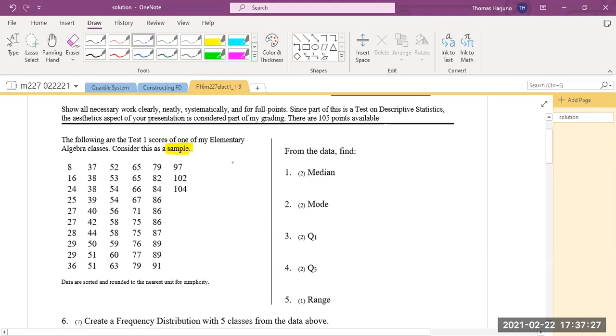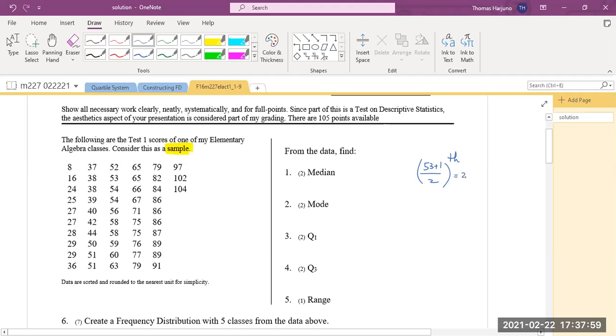To find the median, we need to first find the position of the median. How many data are here? 1, 2, 3, 4, 5, 6, 7, 8, 9, 10, times 5, that's 53. So there are 53 data. 53 plus 1 over 2 gives us the position.